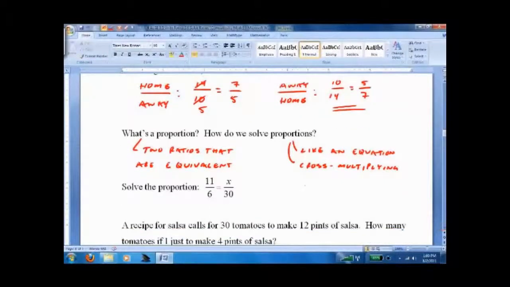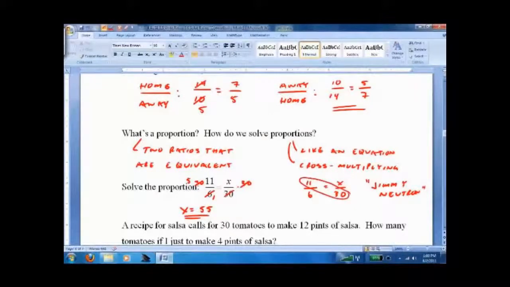So if we looked at this, we're going to write it twice, and I'm going to do it both ways. We could say, well, it's x over 30, so just multiply both sides by 30. It cancels. And then there's 1 here and 5 there. And we get x equals 55. Or over here, we do what we call the Jimmy Neutron, because it looks a little bit like the emblem that describes Jimmy Neutron's show.